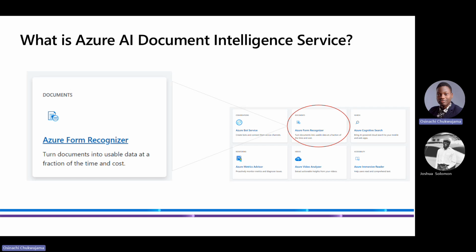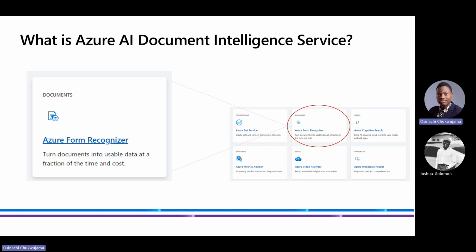Okay. So, Azure AI Document Intelligence Service. This was previously called Azure Form Recognizer, right? But it's a pretrained computer vision model that uses OCR, optical character recognition, to extract data from documents.